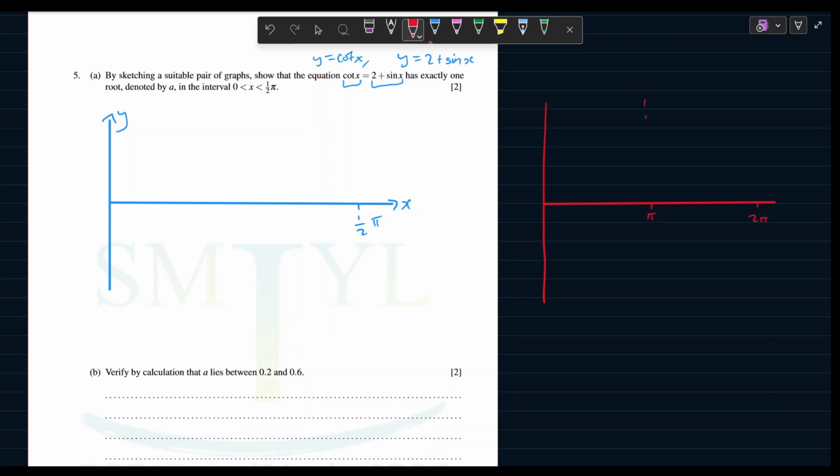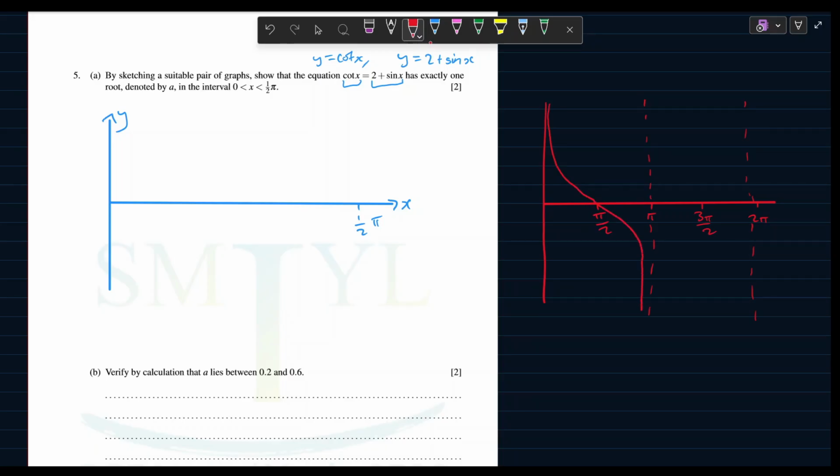So we've got an asymptote at 180, which is pi, and another one at 2 pi. Oh man, that asymptote is not straight, but I hope you get the idea. So this would be pi over 2. This is 3 pi over 2. So it's going to look like this.